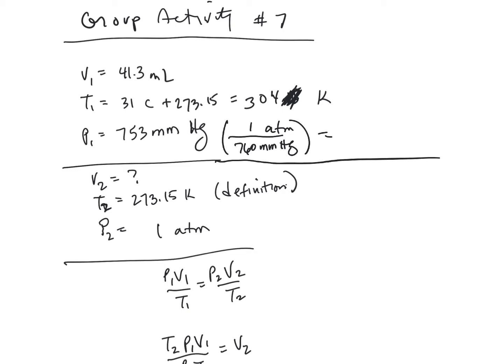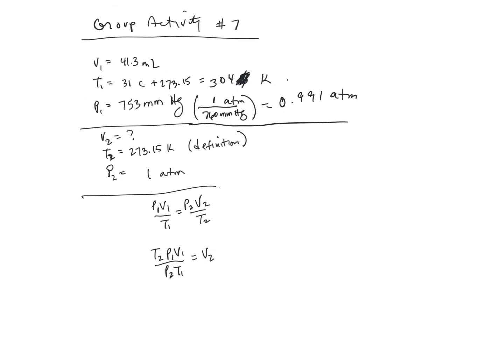So that's 0.991 atmosphere. So it's not a big change in pressure, but the temperature has a difference of 31 degrees. All right, so I'm just going to plug it all in. And let's go ahead and rewrite it here: V2 equals T2 P1 V1 divided by P2 T1.